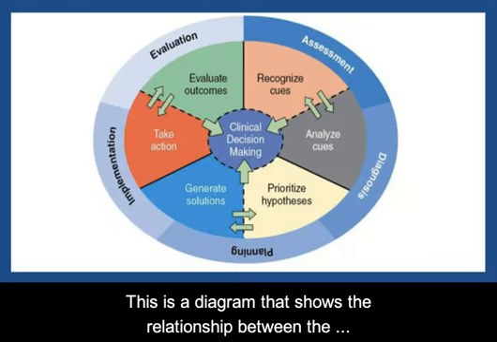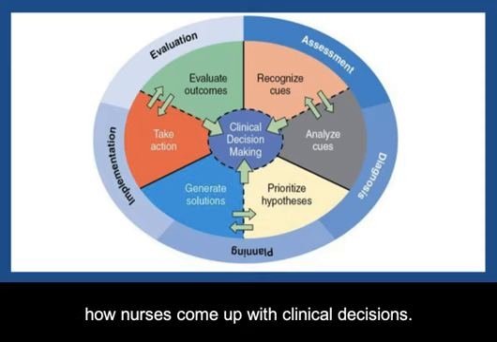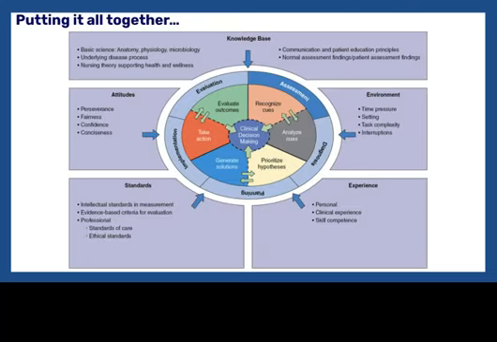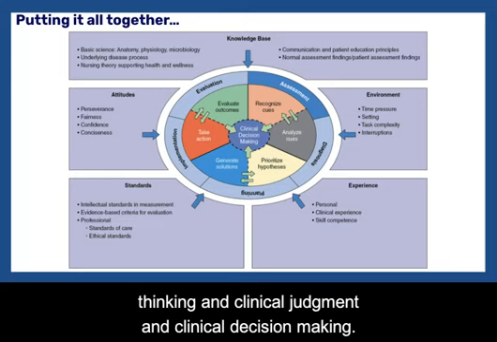This is a diagram that shows the relationship between the nursing process and the clinical judgment model and how nurses come up with clinical decisions. So just putting it all together, this is everything that is involved in critical thinking and clinical judgment and clinical decision making.